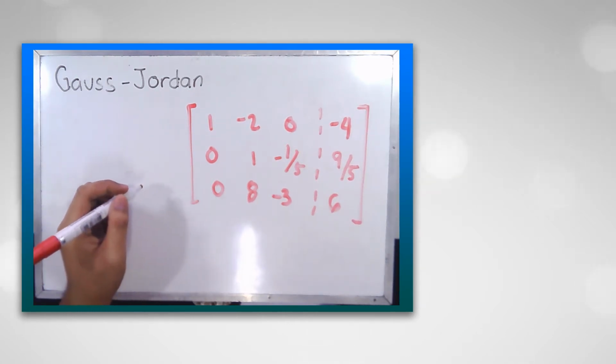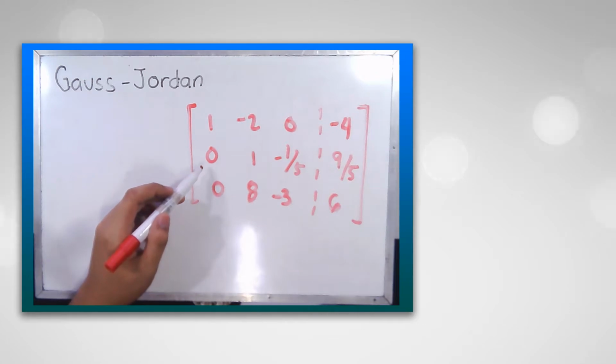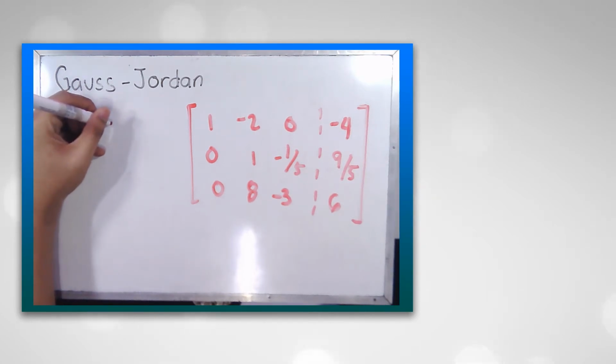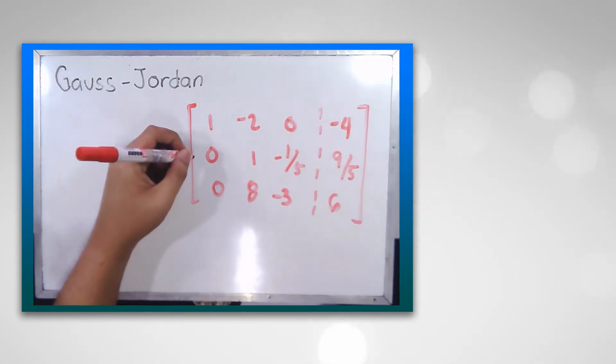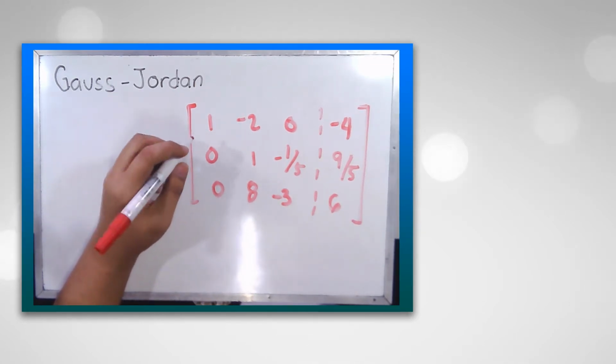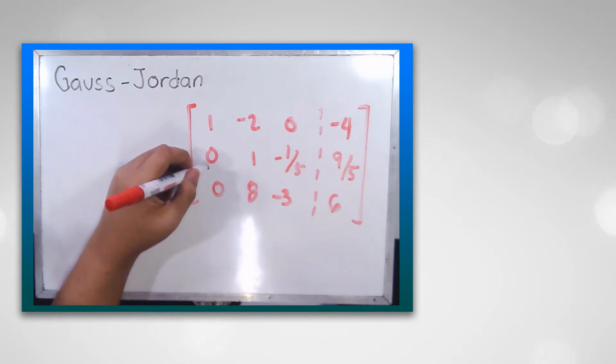So the next part is multiplying the second row and adding the result to the first row. Multiply this by 2, okay?